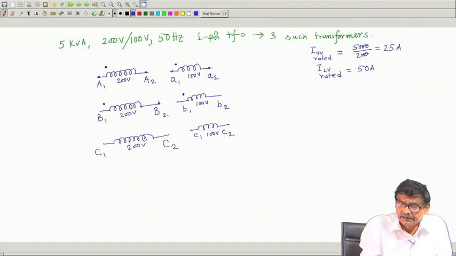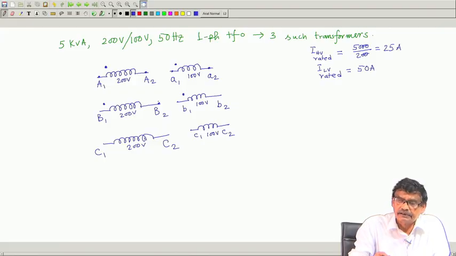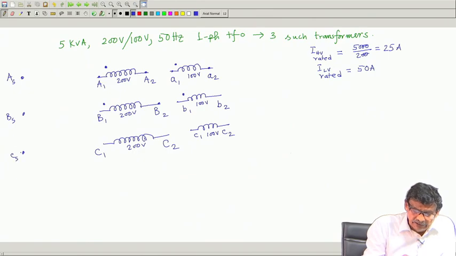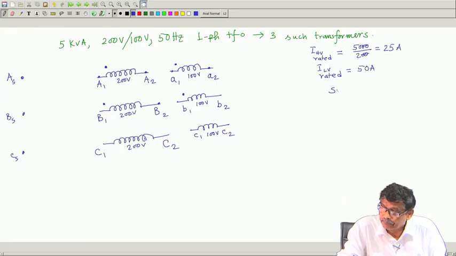Individually I know they are each one, these are individual transformers, but as I told you my supply is A, B and C, which is a 3-phase system.